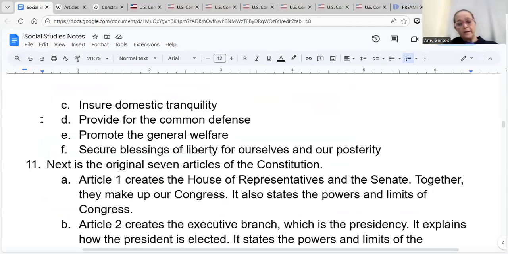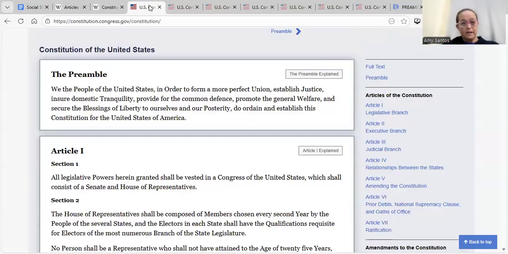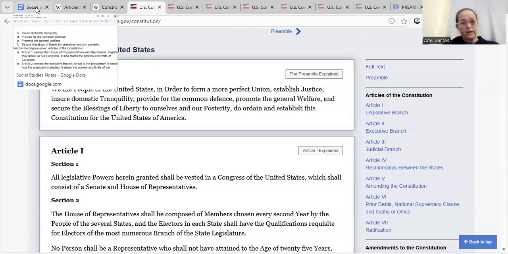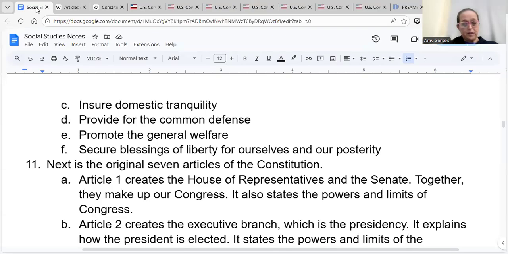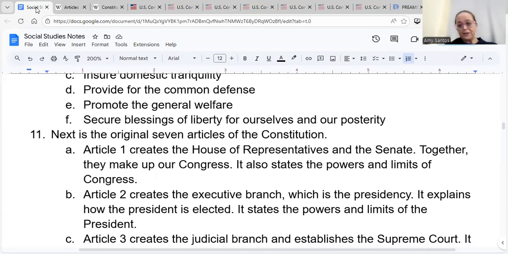Article 1 of the Constitution creates the House of Representatives and the Senate. Together they make up Congress. It also states the powers and limits of Congress. Article 2 creates the executive branch.